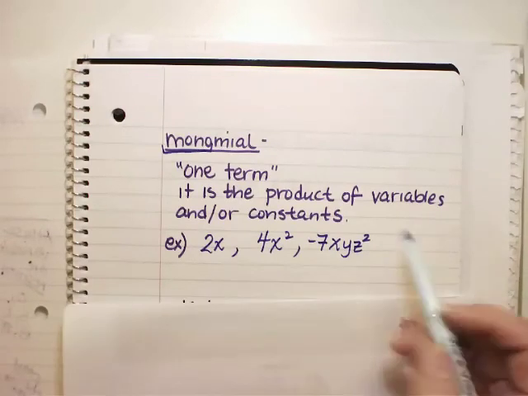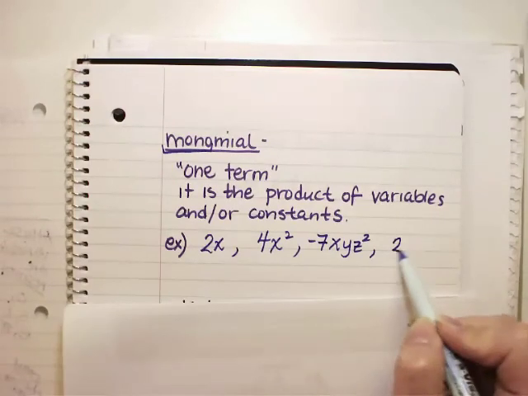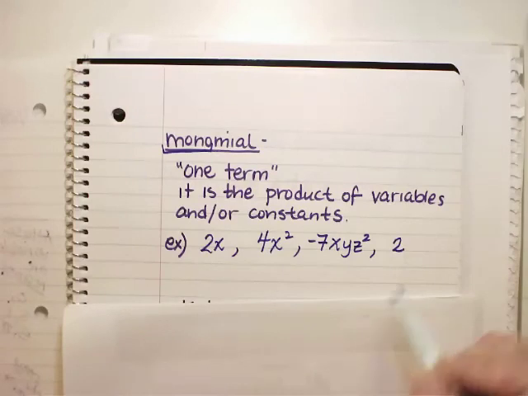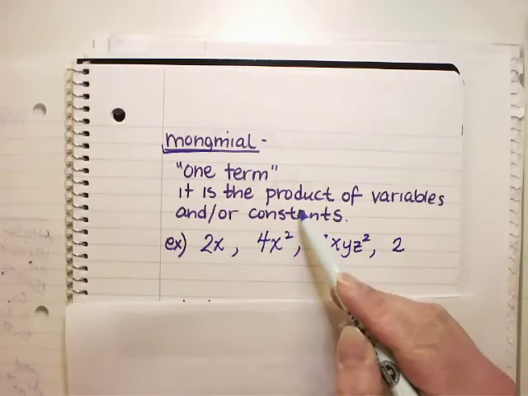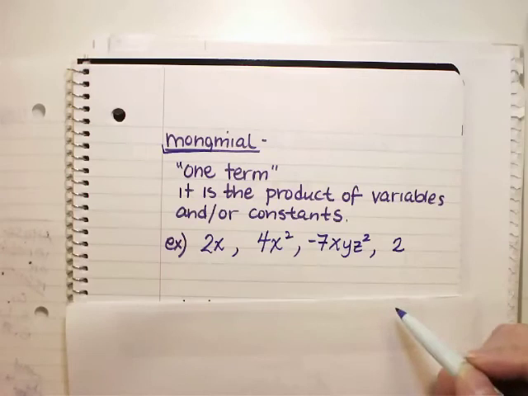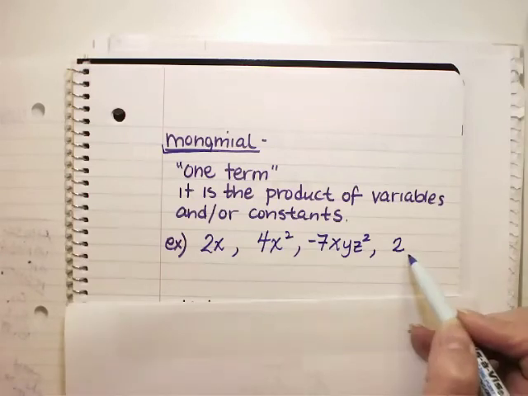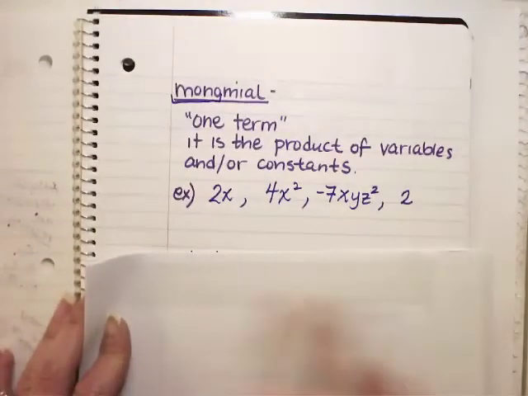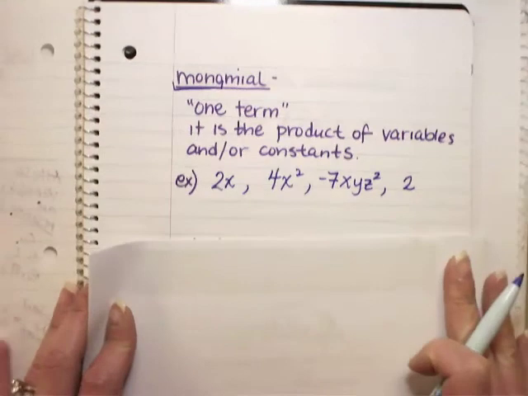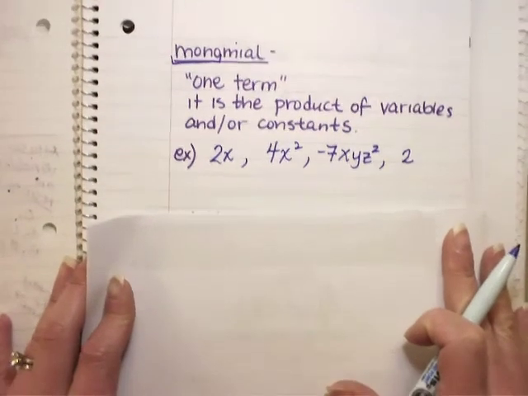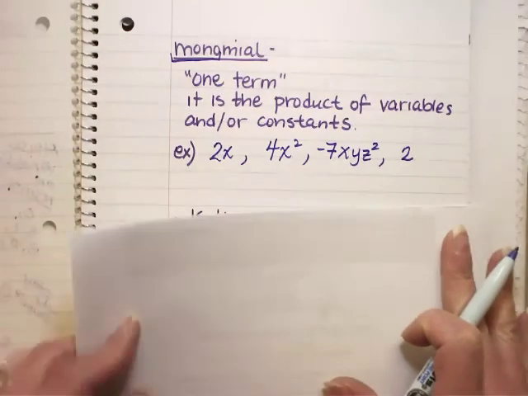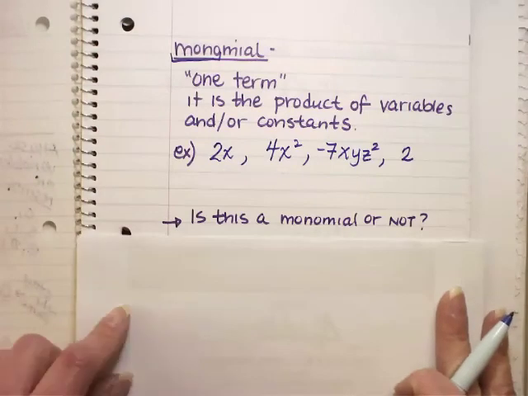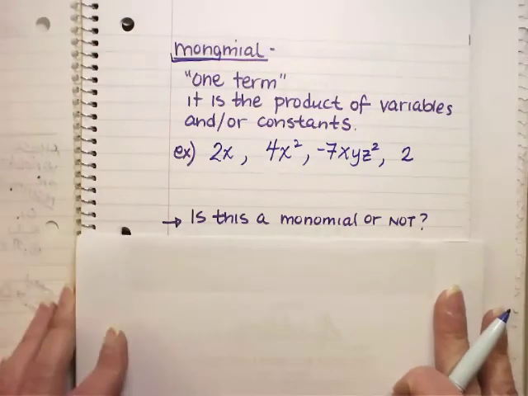And the number 2 itself, we can consider it a monomial because it is a product of constants. Isn't that just 2 times 1 makes 2? So it is also a monomial. Okay? So we're going to do a quick check right now that you understand a little bit more about monomials. What is a monomial and what is not a monomial? Okay? So the question is, is this a monomial or not?